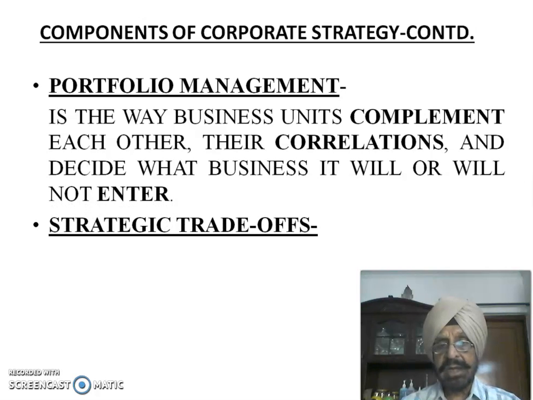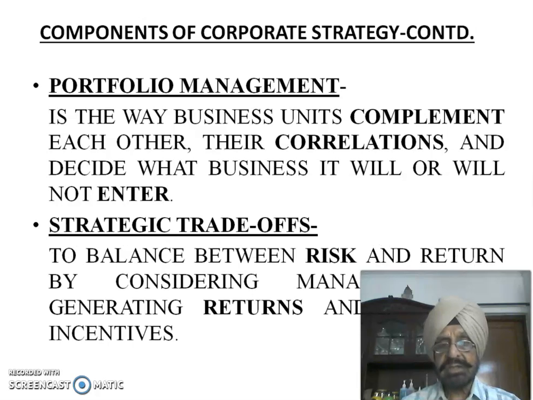The next is the strategic trade-off. Let's see what it means. It is to balance between risk and return by managing risk, generating returns and providing incentives. Two terms that we see: the first is risk and the second is return. You can take risk and spend now, but at the same time if you do not spend now there will be some loss.